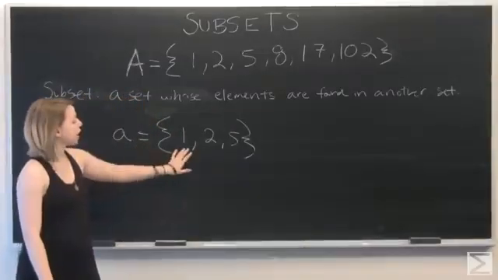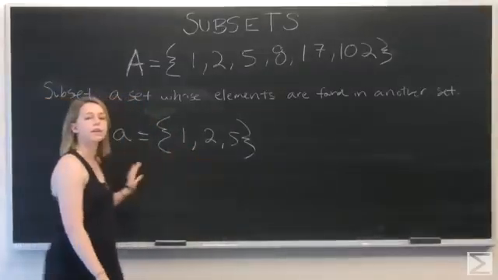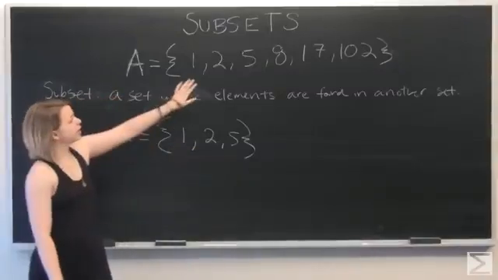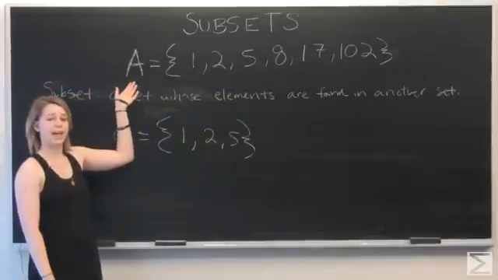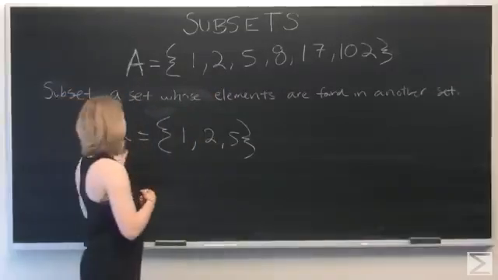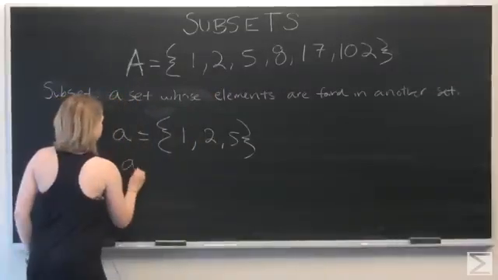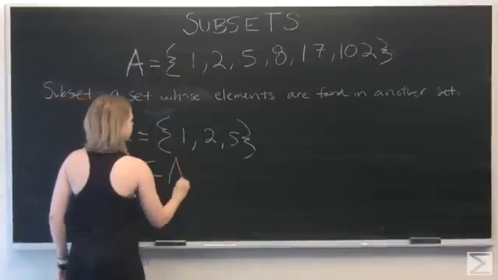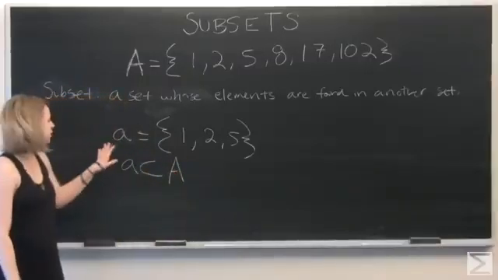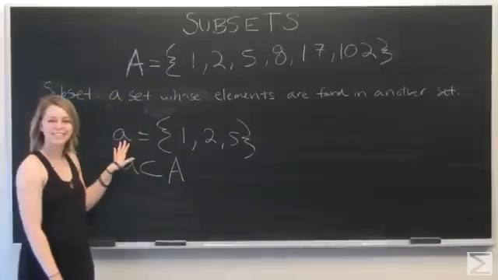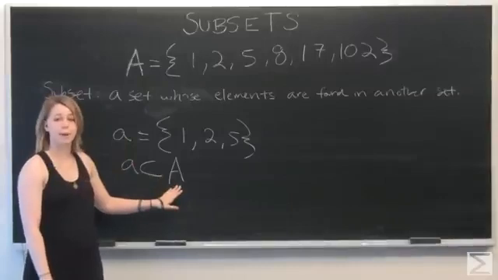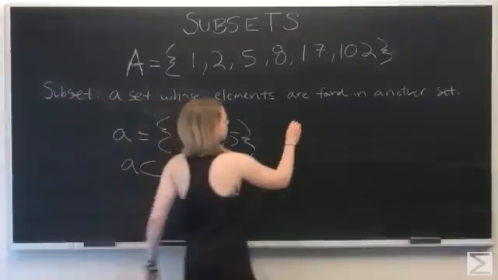And so we've got elements 1, 2, and 5 in set lowercase a. And each of these can be found in our defined capital A set. So this is a subset of A. So this set is a subset of capital A. And so let's look at another one.